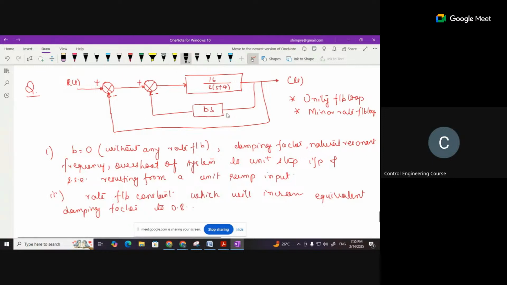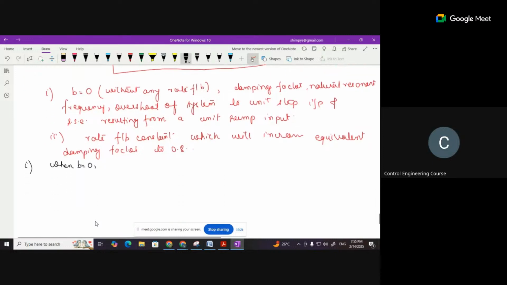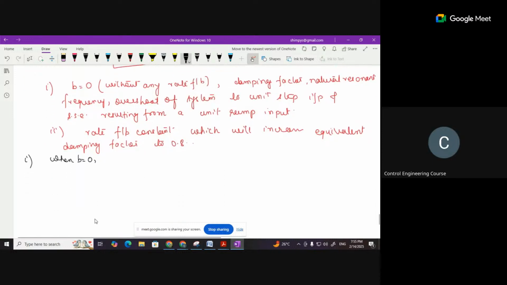For the first case, when there is no rate feedback, you can simply write down the transfer function, that is C(S) by R(S), when B is equal to 0. And you can find out the given parameters: the damping factor, resonant frequency, and overshoot. What will it be?